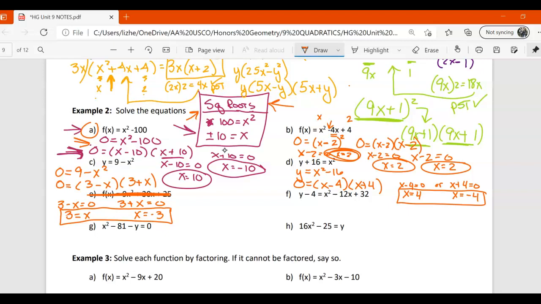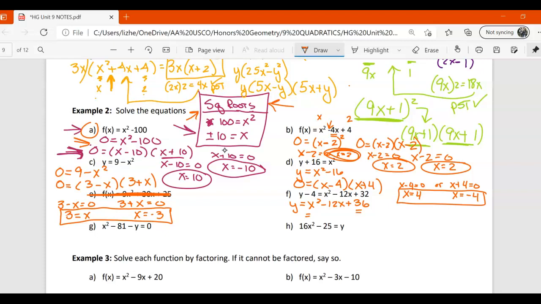All right, F, not in standard form at all, so let's rewrite it. I'm going to move the 4 over. So that means I have y equals x squared minus 12x, and then I add 4 to that, and I get 36. So what I notice there, it's a quadratic trinomial, and this is a perfect square, and this is a perfect square.